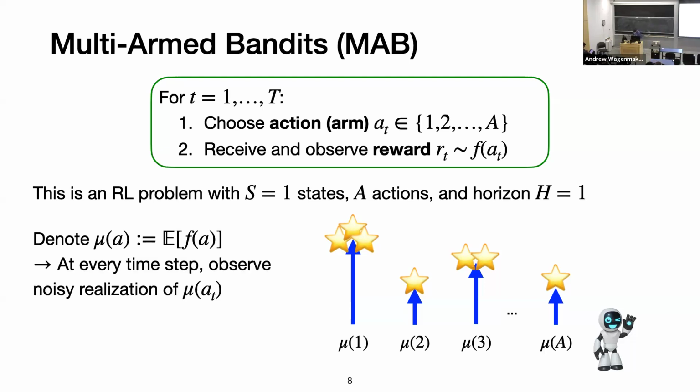Okay, so for example, the reward could be mu of A plus some Gaussian noise or something like that. Basically, I just get a noisy observation of the mean. And so at every time step when I pull an arm, what I'll observe is not the actual value of the reward. What I'll observe is some noisy realization of that. So that's what I draw in red. In any given pull, I might not observe the exact mean of the reward. I might observe some other value.